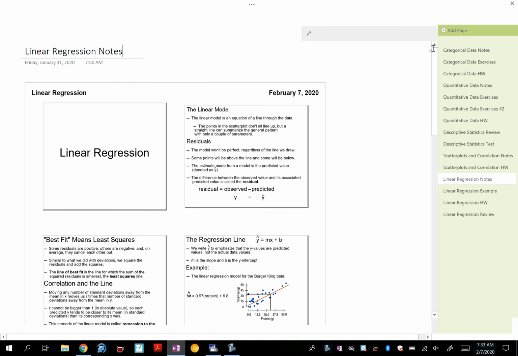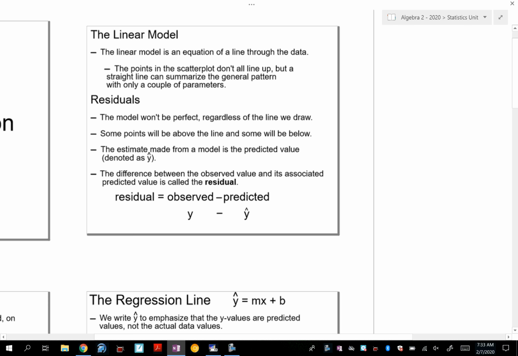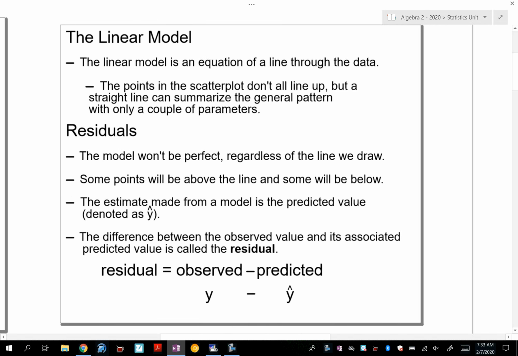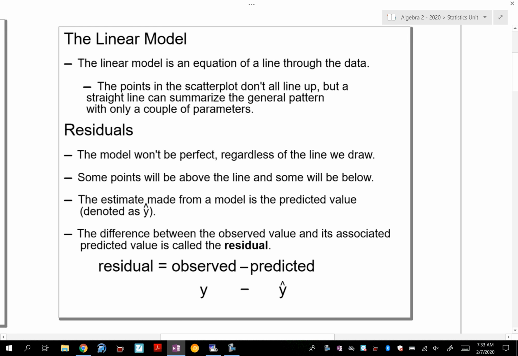Let's do this. Okay, so the first thing I wanted to mention to you, which is not necessarily going to be on the SAT, but it's a word that you want to be familiar with. It's going to help you understand this, and that word is residuals.